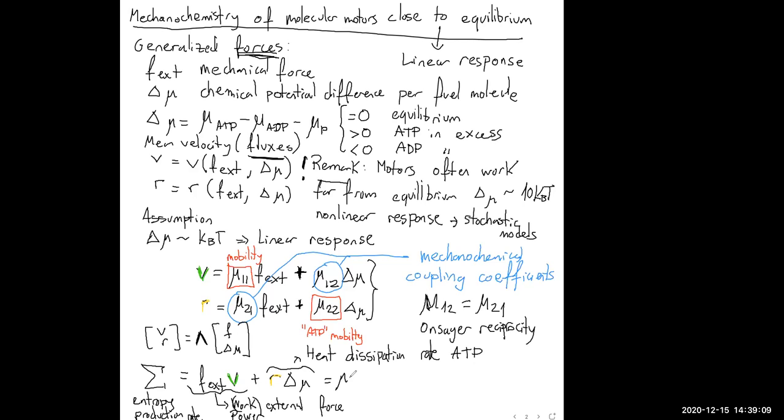You get mu11 F external squared, plus mu12 delta mu F external, plus mu21 F external delta mu, which is the same thing, plus mu22 delta mu squared.